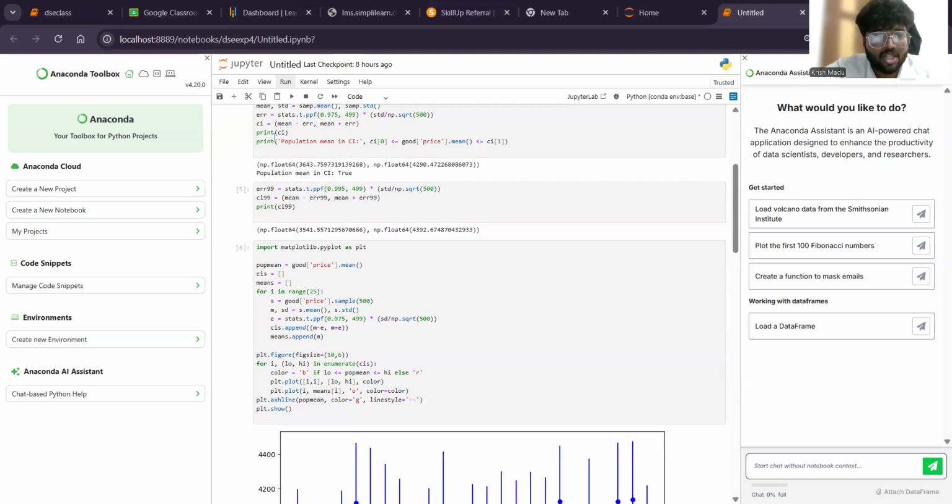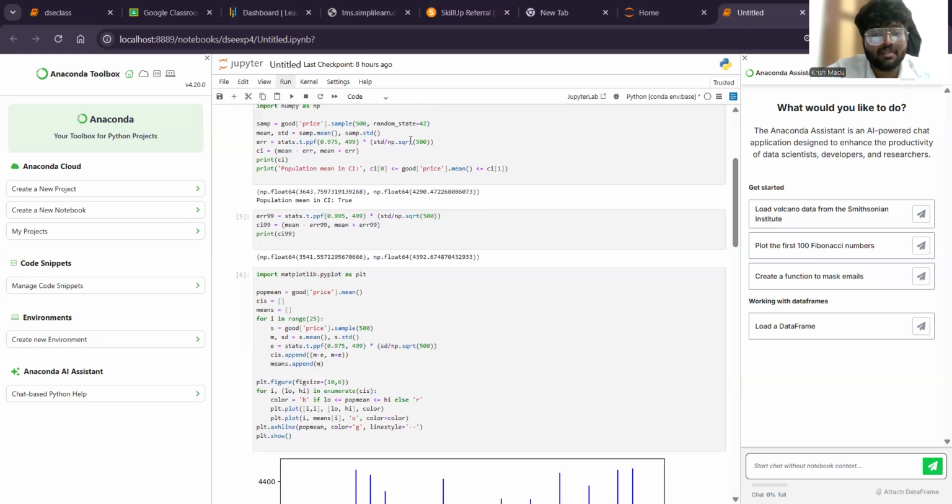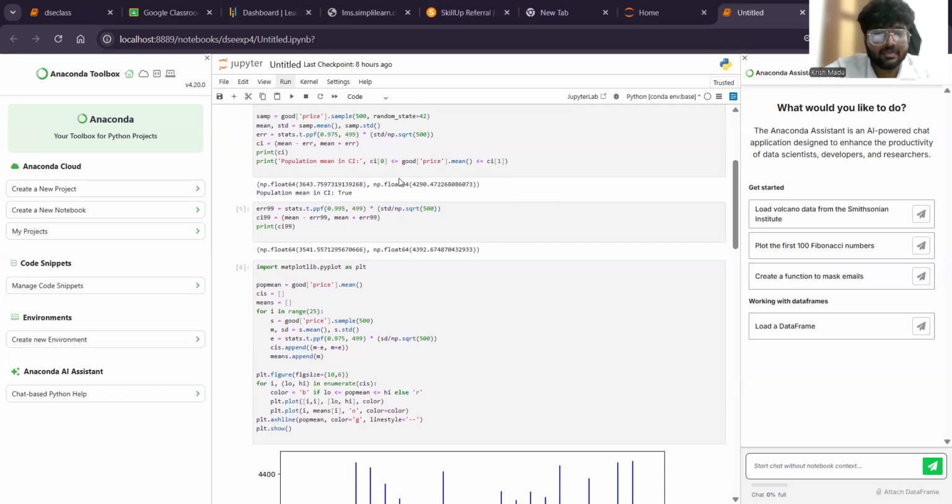After that, we check whether the population mean lies in this interval, using the same sample as before. If the population mean is in the confidence interval, it will come as True. If not, it will come as False. If it is within the 95% confidence level, it comes True, or else False.